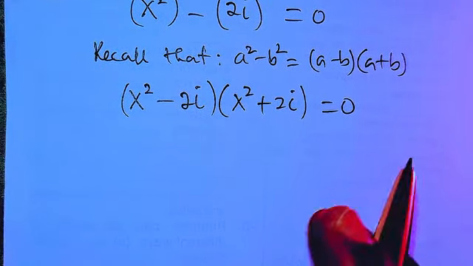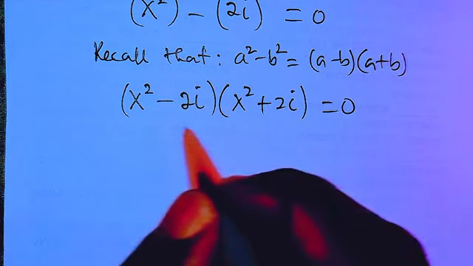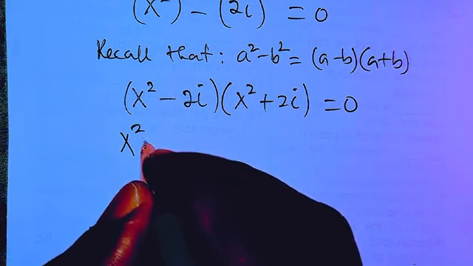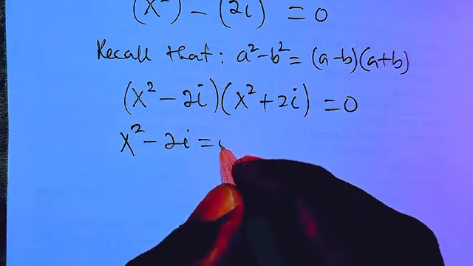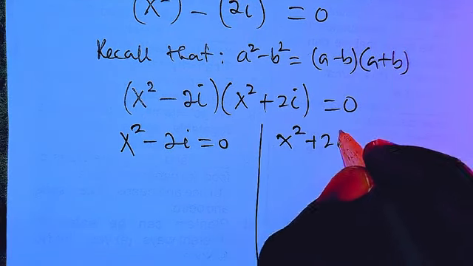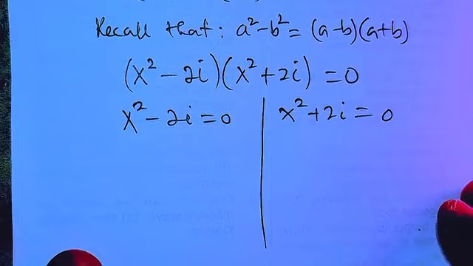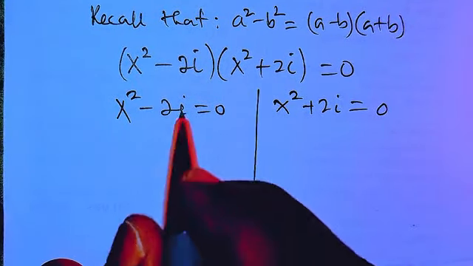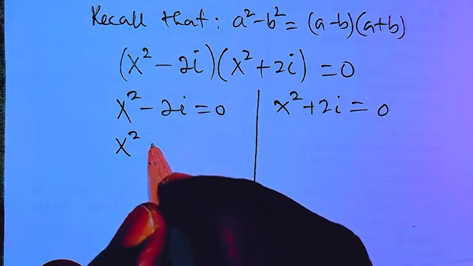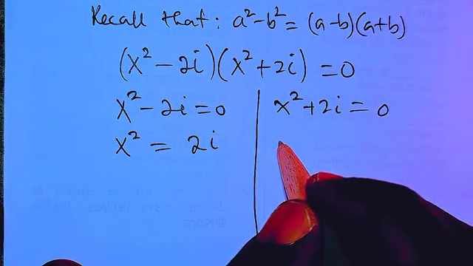So now from there, we have this in zero form. So this could be x squared minus 2i equals 0, or we have x squared plus 2i equals 0. So we can have x squared, we send this to the other side, equals 2i.